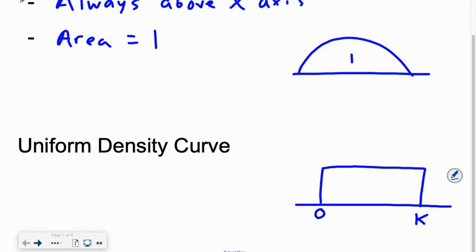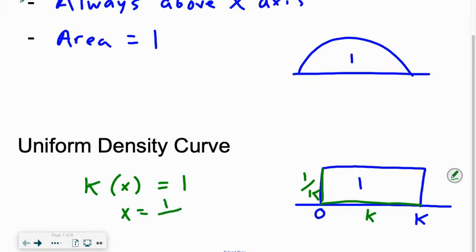So now if the area is 1, this distance is k, this distance will be 1 over k, because k times some number equals 1, so that number has to be 1 over k. So whenever you have a uniform density curve, whatever that distance is, this distance is 1 over that.